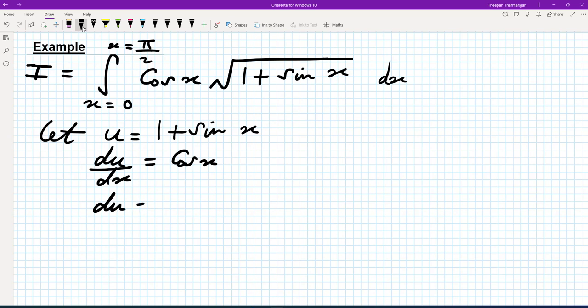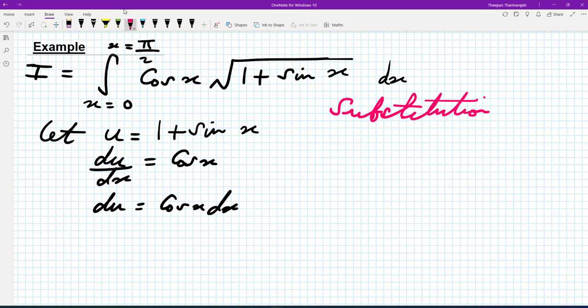So du is cos x dx. Let's write a substitution section, and say cos x dx is going to be substituted with du.